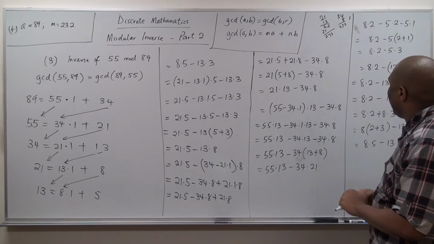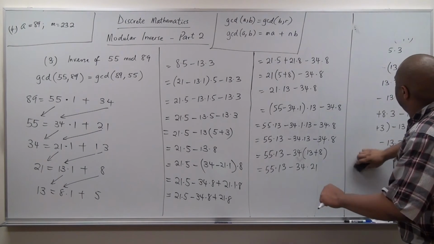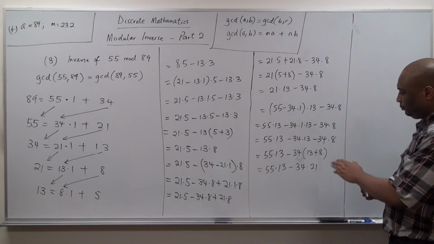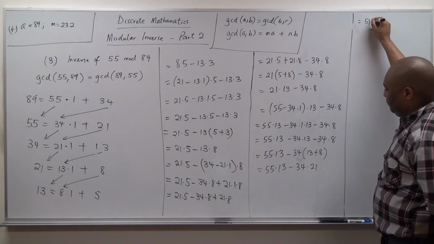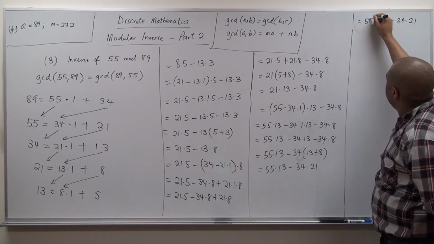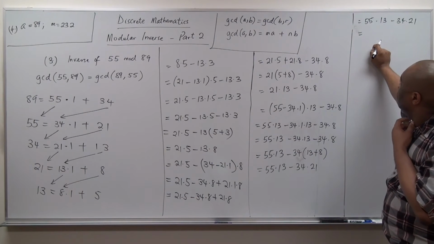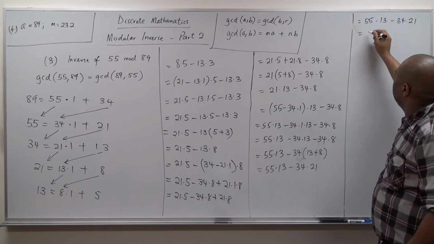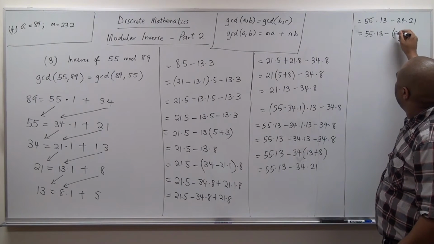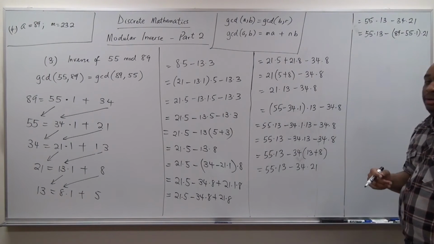Okay, and I'll prefer to do it right here. So we have 55 times 13 minus 34 times 21, right? So this will now be equal to 1 expressed in 34. So this is 55 times 13 minus (89 minus 55 times 1) times 21, right?